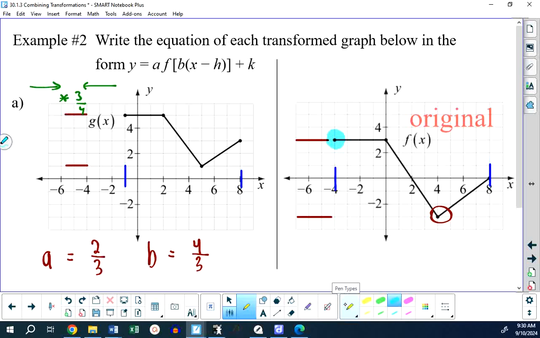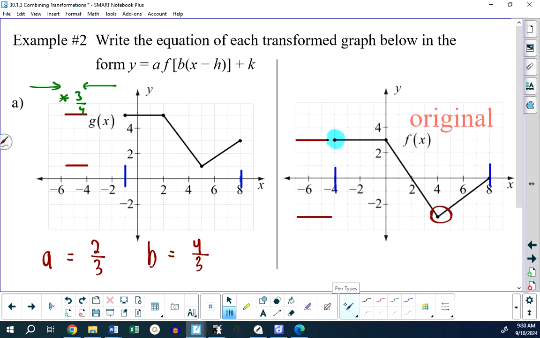Okay? If I apply the stretches to that point, and it ends up landing here, then there is no horizontal shift or vertical shift. Okay? So, where will it land?